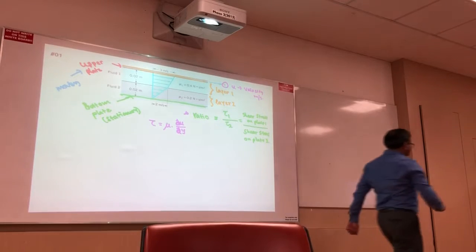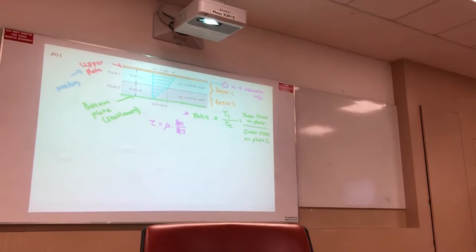So if I draw like this, then you can see this direction indicates the y direction. So the bottom of the plate is here, right? This indicates the bottom of the plate.